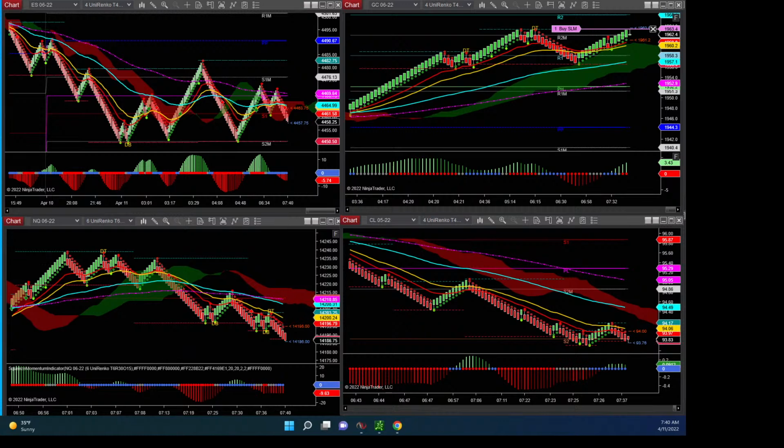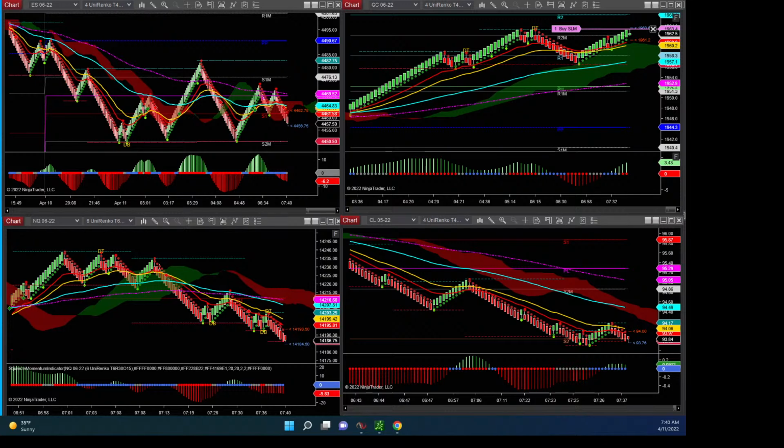ES moving down, in the range still, and NQ is really moving down. Gold is pausing there, trying to make a move.